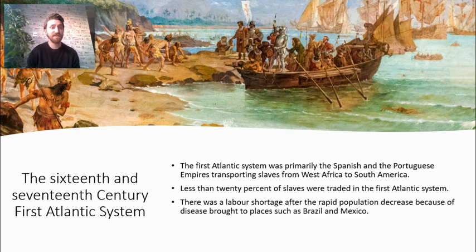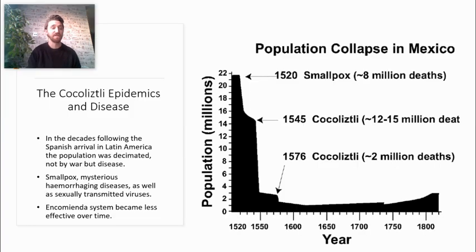And in the first Atlantic slave system, the reason slaves are initially traded in such high numbers, much higher than we'd seen in the regional slave trades of Africa we were discussing last time, is because of disease.